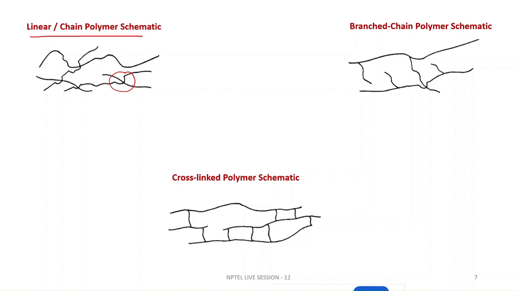This is the overlaying of two chains. Branched means from the main parent chain there will be some branches. And cross-link means two polymeric chains will be linked like this. You can understand better from this schematic, right?